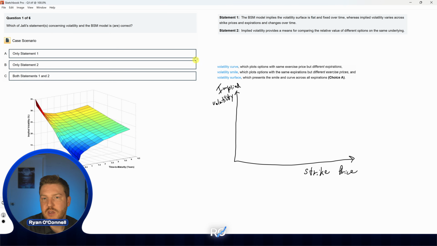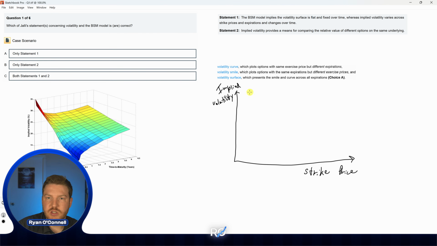The first would be a volatility curve and a volatility smile. We have this graph with implied volatility, and then we have a strike price over here. If we hold all else the same for an option, like the time to expiration, the risk-free rate, and, oh, the underlying price.